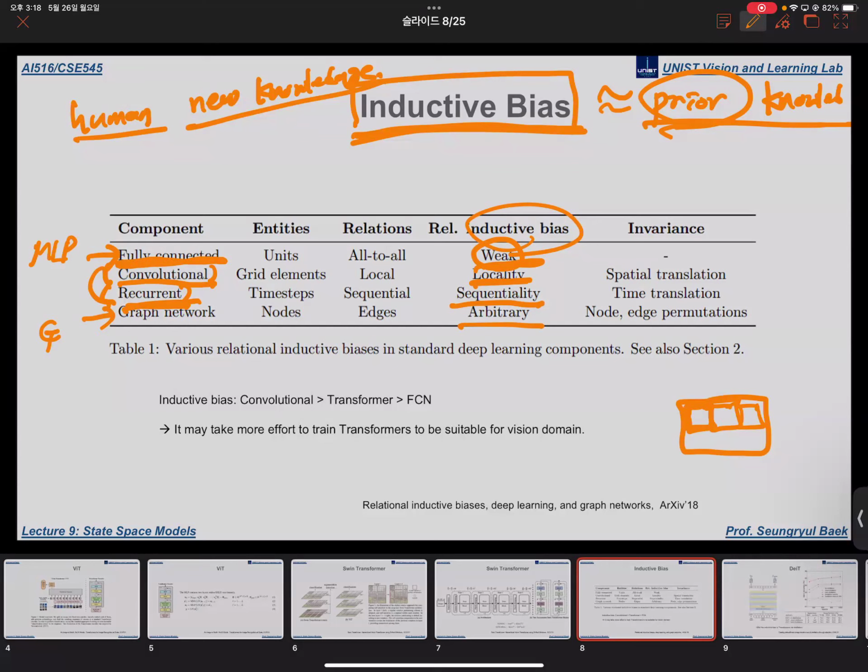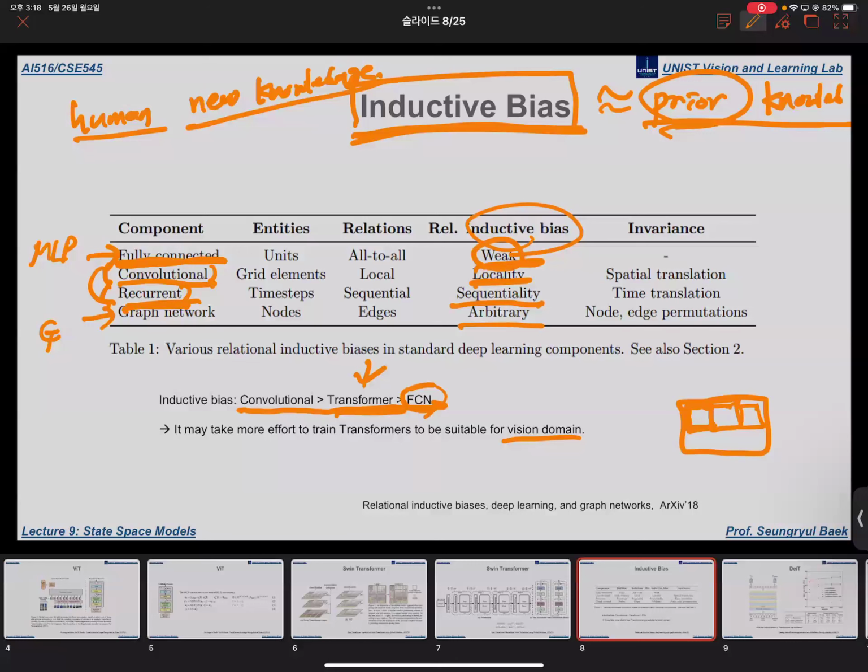Also, the inductive bias of the transformer is less than the convolutional network or the RNN, but it has more inductive bias than the MLPs. So we can say the transformer does not have much prior knowledge on domains. For example, when applied to the vision domain, it has less prior knowledge compared to the convolution operation.